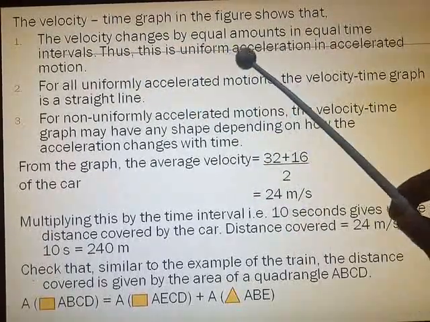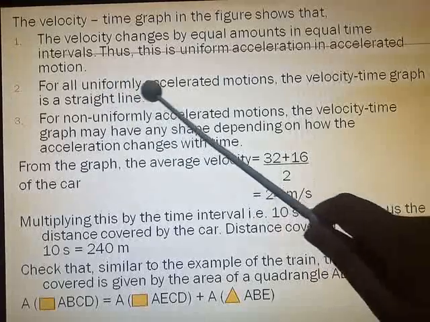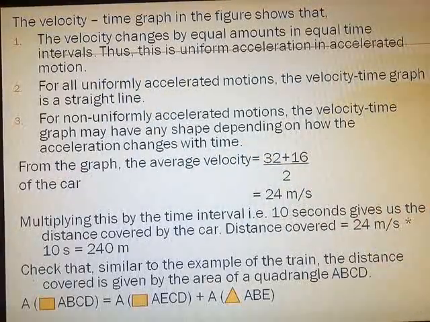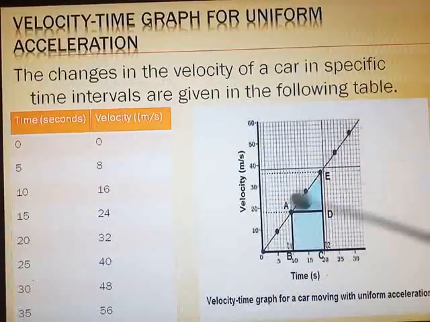Thus this is uniform acceleration in accelerated motion. That should be your first point. Second point: for all uniformly accelerated motions, the velocity time graph is always a straight line. You can see here the graph is a straight line.